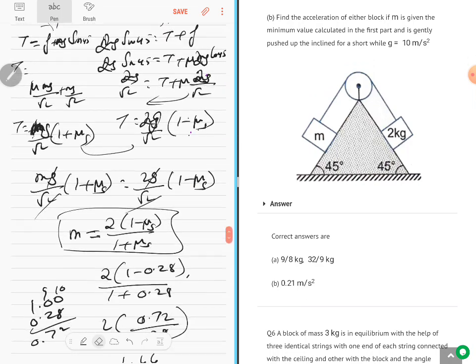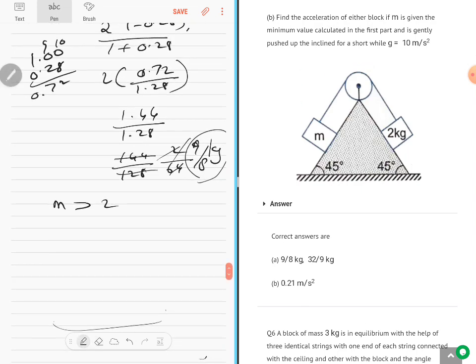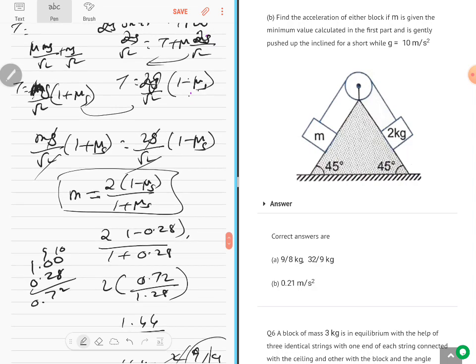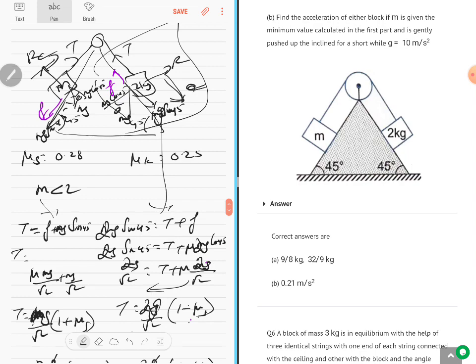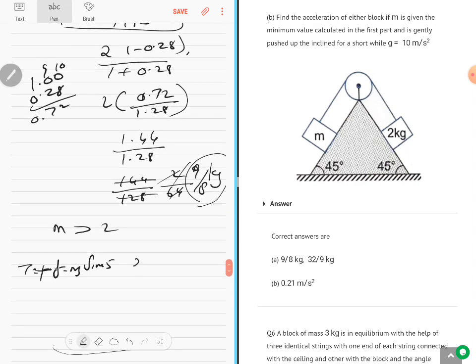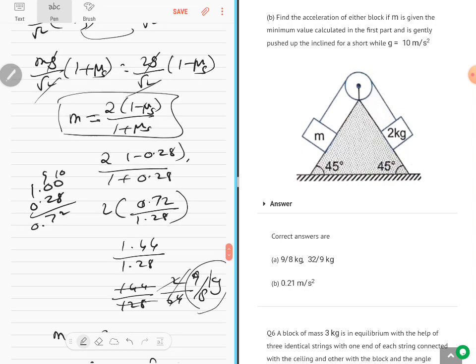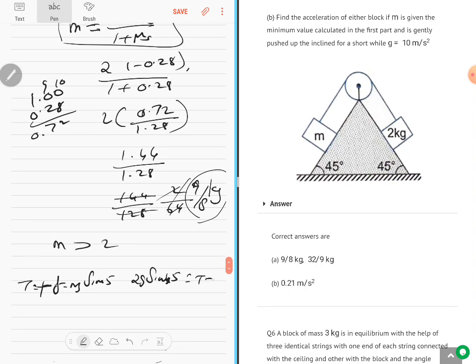So T is equal to minus F plus mg sine 45, or T plus F is equal to mg sine 45, and here 2g sine 45.